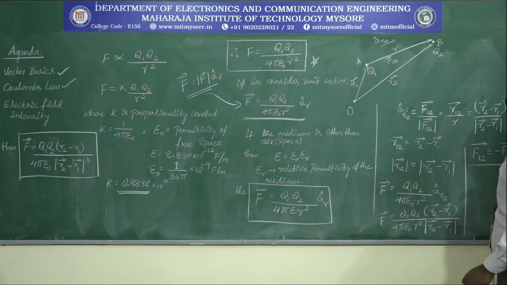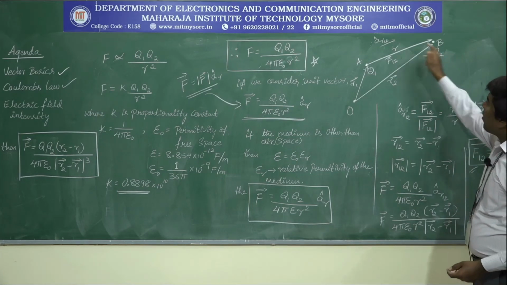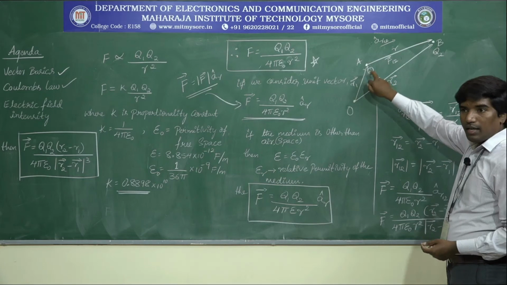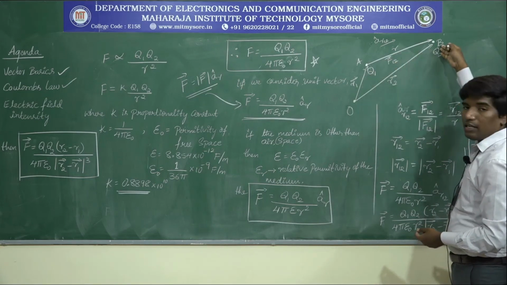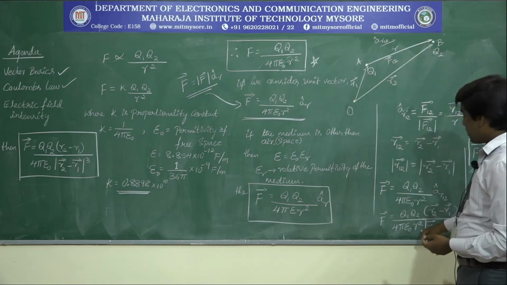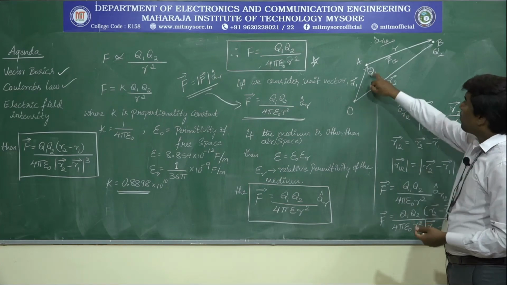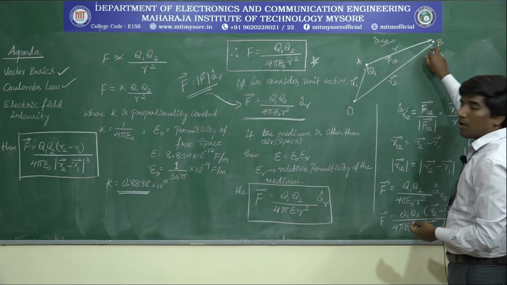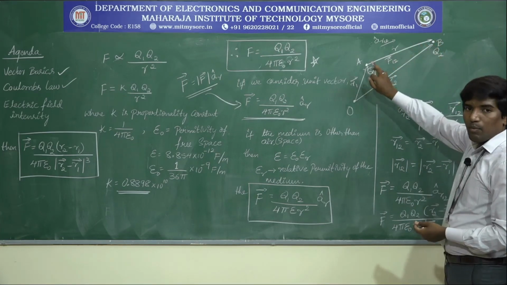This is the equation for the force acting on the charge at point A due to the charge at point B, and this equation holds good for the force acting on point B due to the charge at point A.